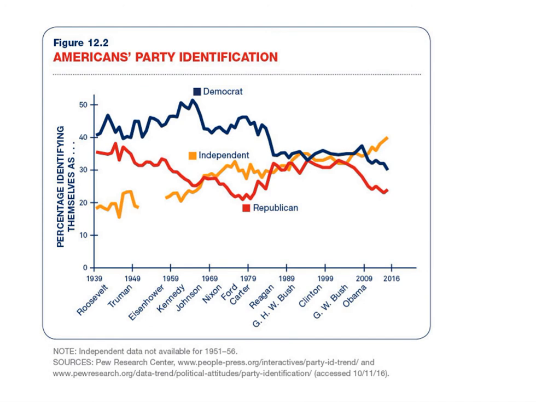Here is a chart from the book that talks about Americans' party identification. There's a slight break in the line given the source that they're using from the Pew Research Center. But it goes from 1939 all the way up to 2016.